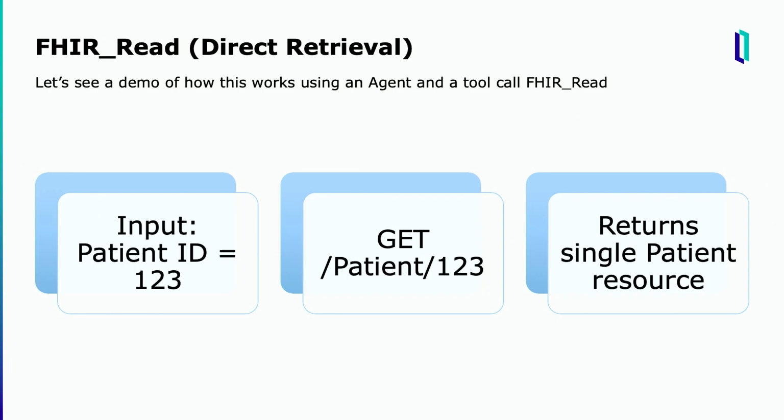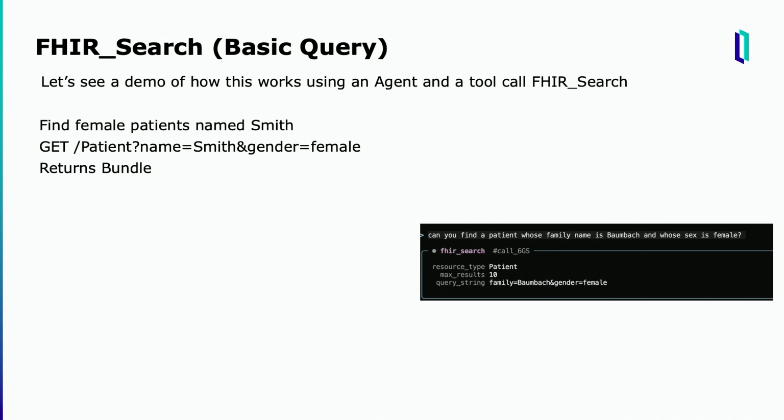I'm going to combine that with this next operation, FHIR search, to show you some basic queries. Here I would like to show you how you could search for patients with various criteria, again using the FHIR API. So it needs more than direct lookup to do this.